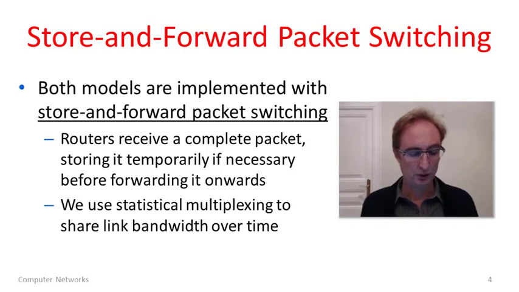One thing that's important about this model, that's one reason why it's used widely for all data communications networks, is that it uses statistical multiplexing to share the link bandwidth over time. In the description I gave you of having packets come in on links and simply sending them out links, what we're doing is sharing the bandwidth of all of the output links at a fine grain over time by sending different packets, maybe coming from different hosts and going to different hosts, over that link.